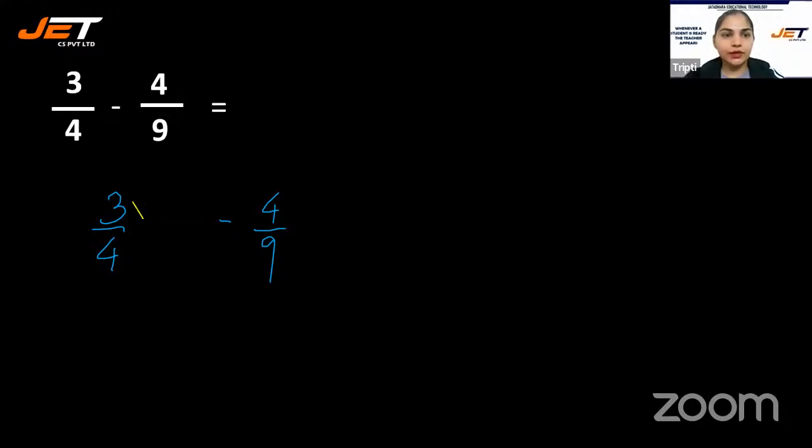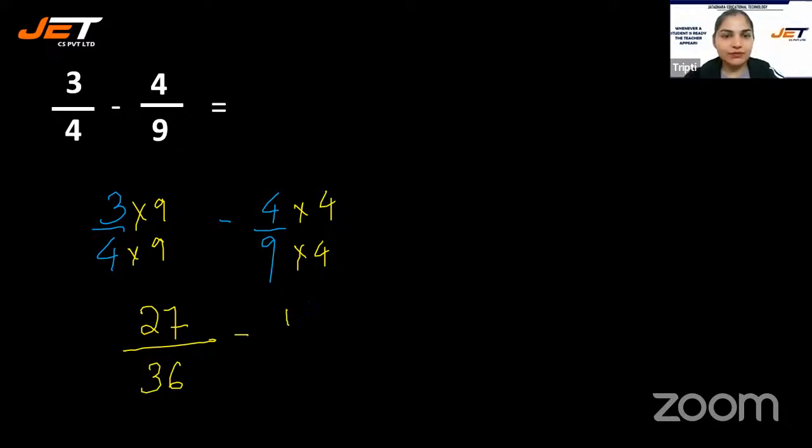Okay, so here 3 times 9, 4 times 9, and here 4 times 4 and 9 times 4. 3 times 9 is 27, 4 times 9 is 36, minus 4 times 4 is 16, 9 times 4 is 36. 27 minus 16 is 11 by 36. And this fraction further cannot be simplified.